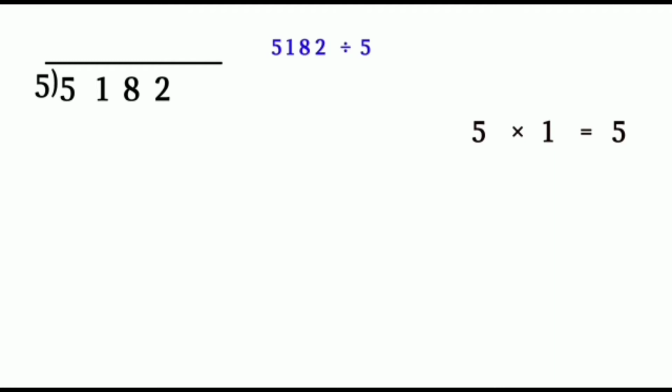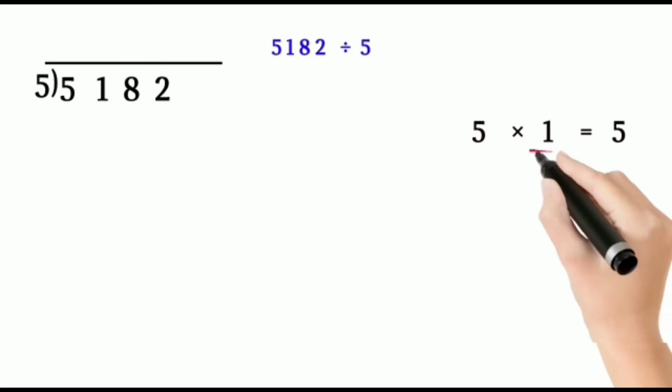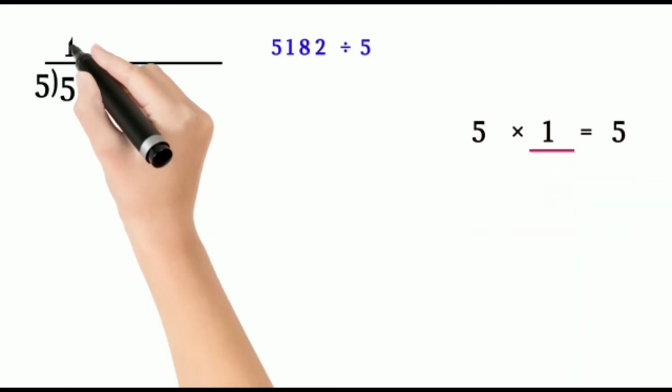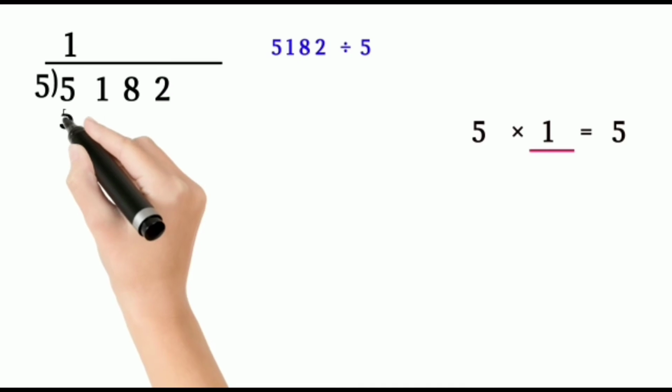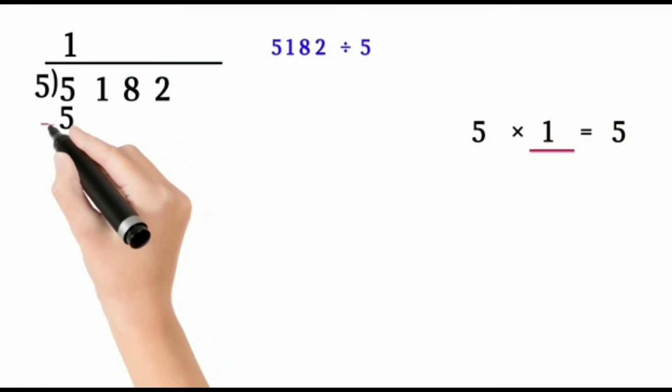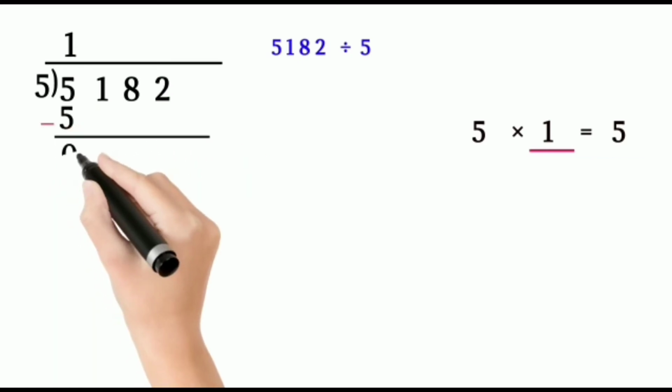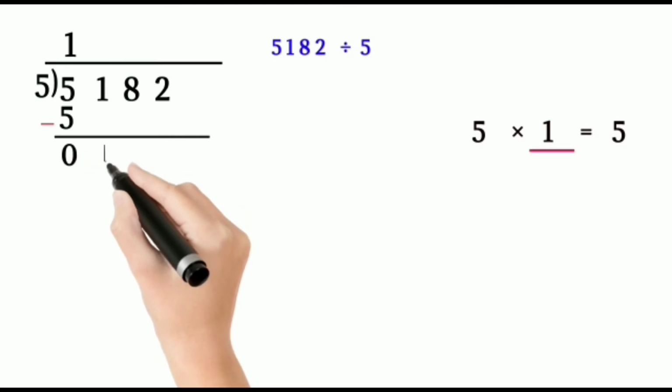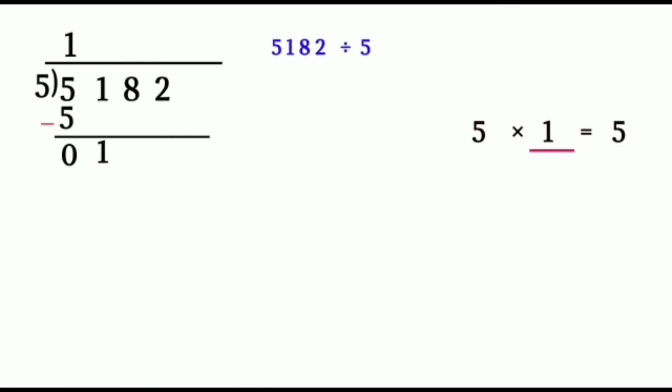How many 5s can we take from 5? Only 1. 5 ones are 5. Write 1 in the quotient and 5 below the 5 and subtract. We get 0. Then we bring down the next digit of the dividend, that is 1.